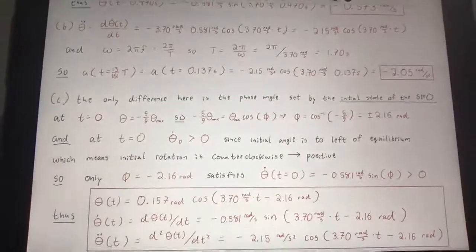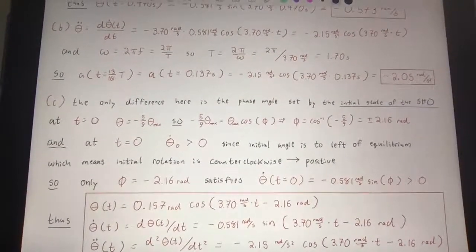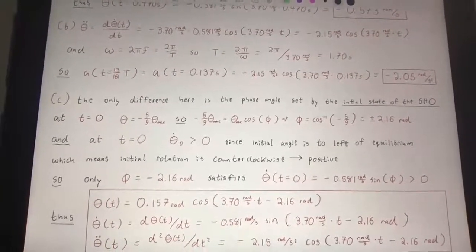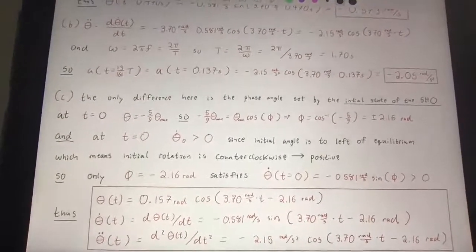When I do that, I say at t equals 0, theta equals -5/9 theta max, because that's what we were told, just like you're told that x will equal -2/5 of A. A and theta max are the same.